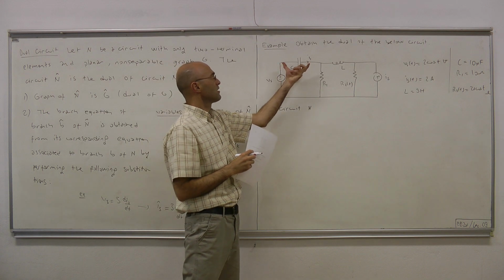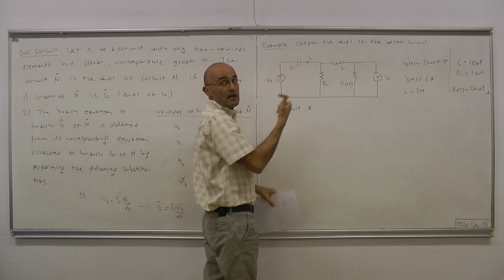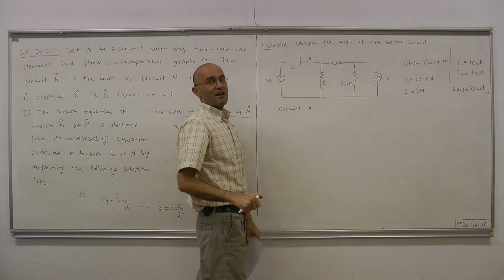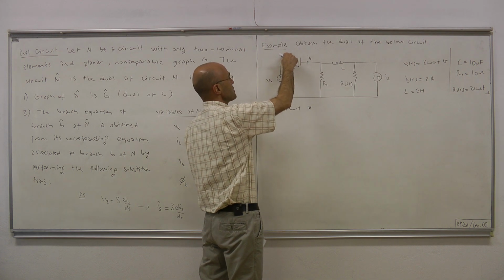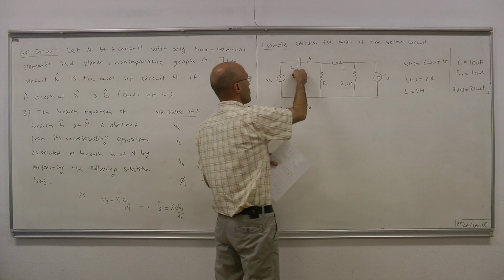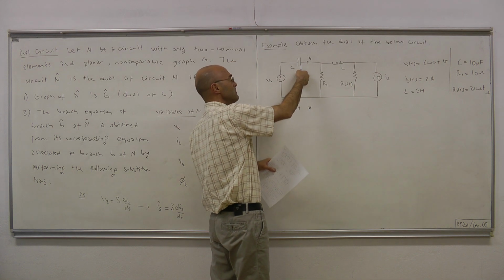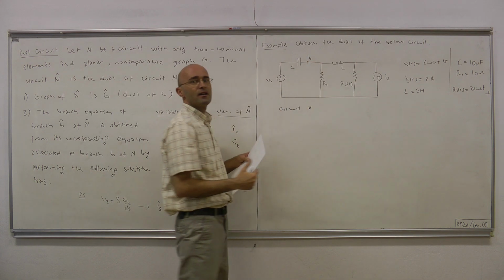I'm not labeling the voltages, but in our head we can label them easily. We have to obey passive sign convention. That is, if this is I1, by V1 we mean plus here, minus here. So this is our first component, which in the graph will be represented by branch number 1.